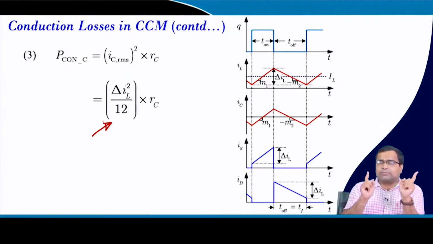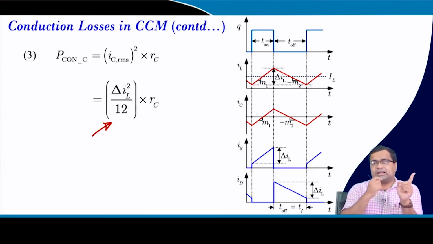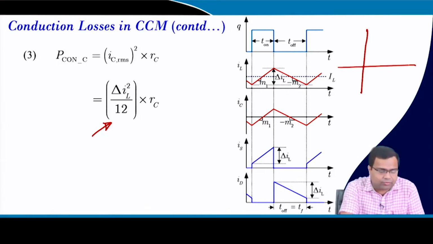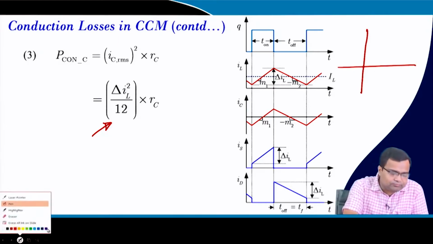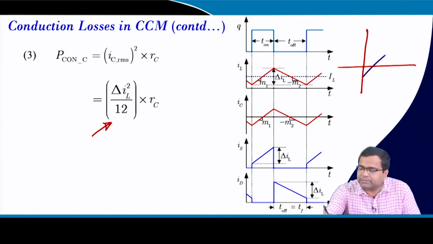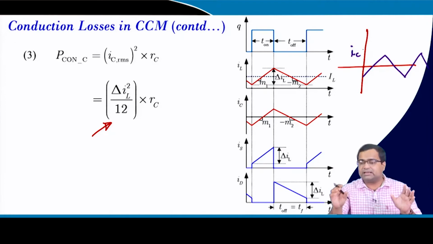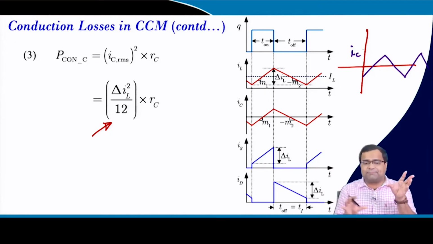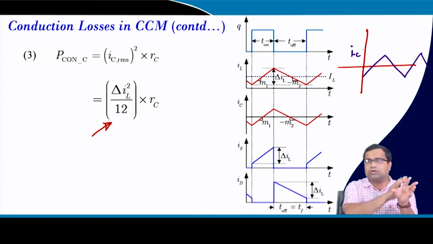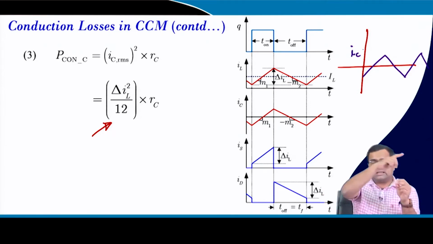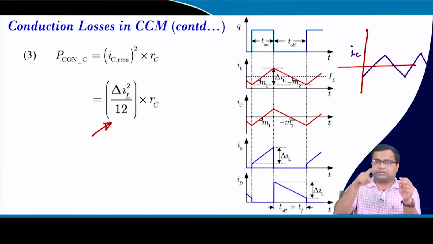If it is running under synchronous conduction mode, the capacitor current will be the same as the inductor current if the load is removed. The power will flow back and forth between the source and the load, because there is no load, so the capacitor will recirculate the energy through the source.